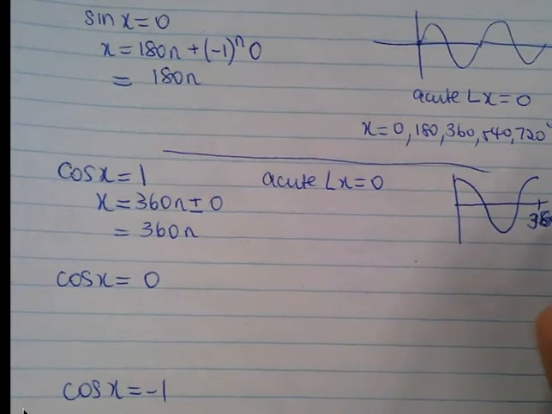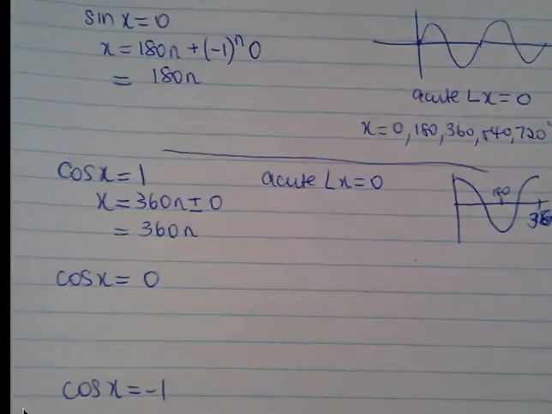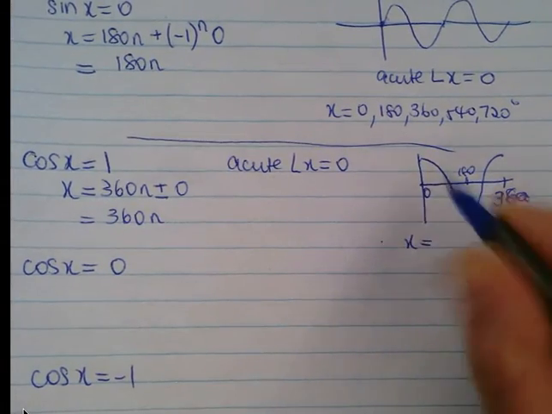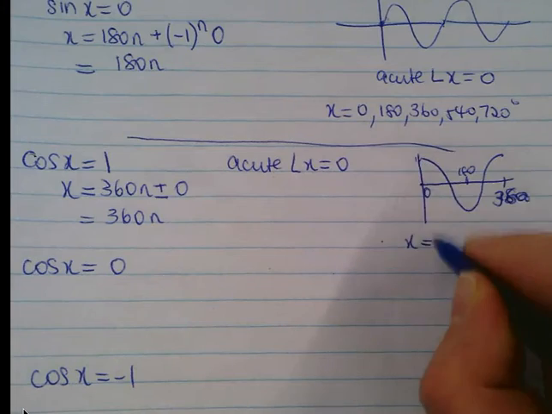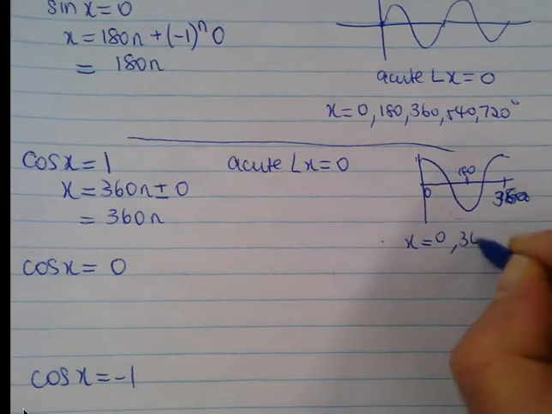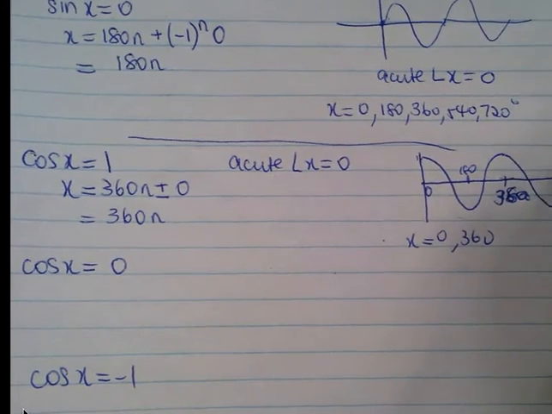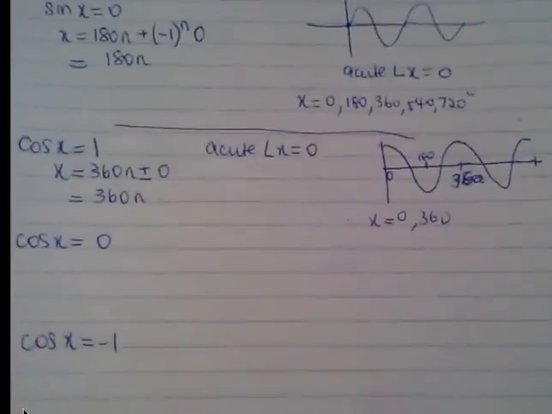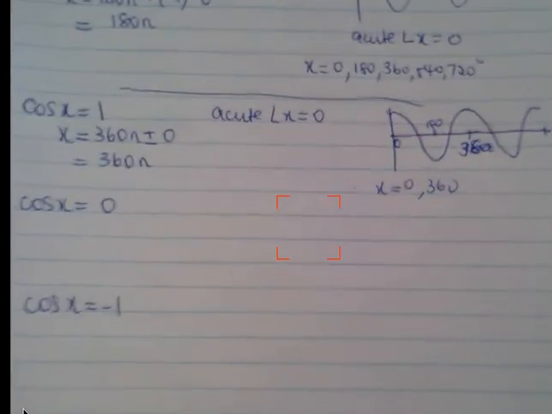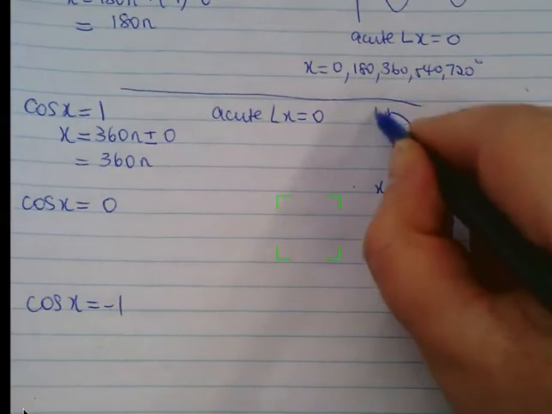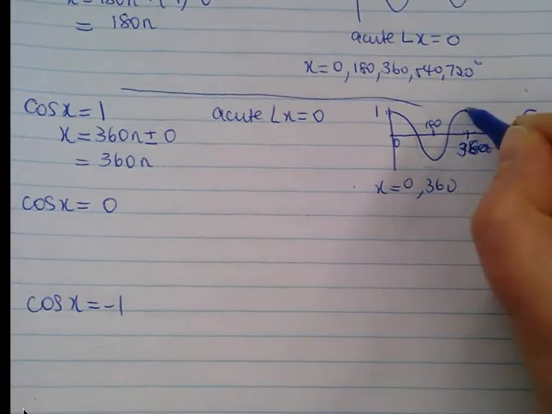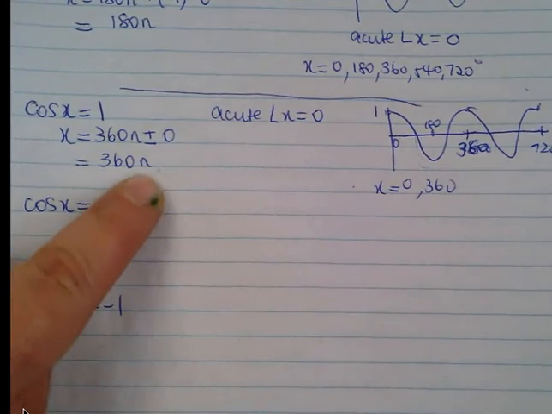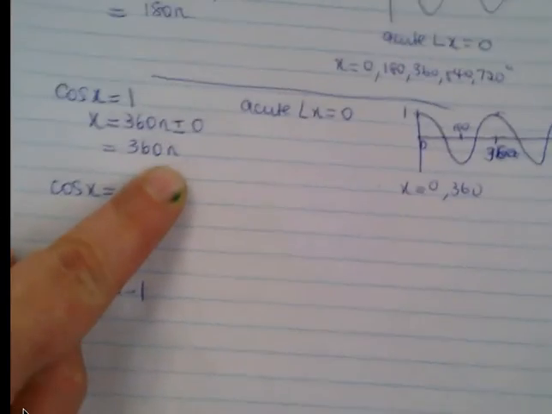If you were to write out all the solutions for cos x is 1, you'd get x is 0, x is 360. When would the next one happen? The general solution, where would the next one be? Anyone? 0, 360, what's this? 720. Can you see how that fits in with the general formula?